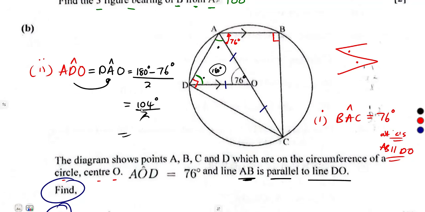Then divide by 2, that is going to be 52 degrees. So the angle that we have here is 52 degrees, and this one is 52 degrees. All right, so that was our angle ADO. So that is the concept.